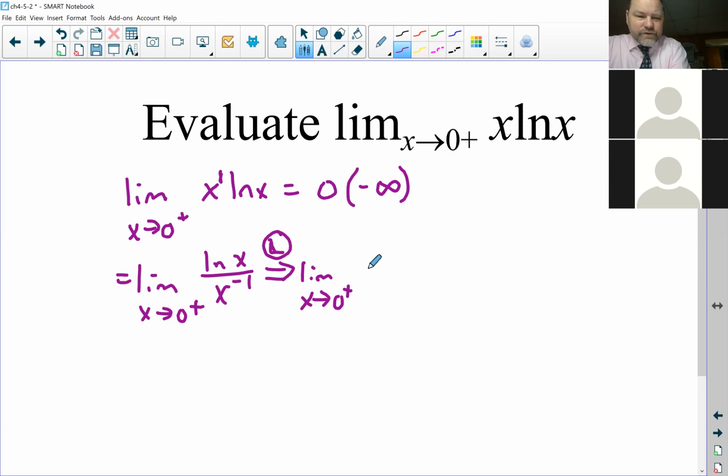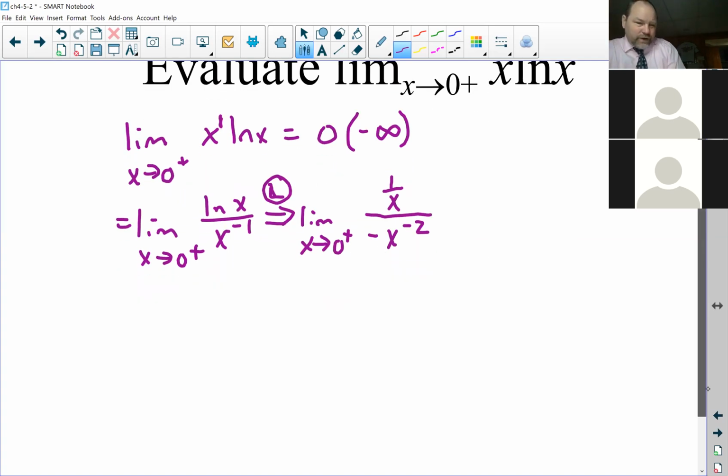And if I then use L'Hopital's rule, I think Tate had said that ln of x, its derivative is 1 over x. The derivative of x to the negative first is the opposite of x to the negative second.